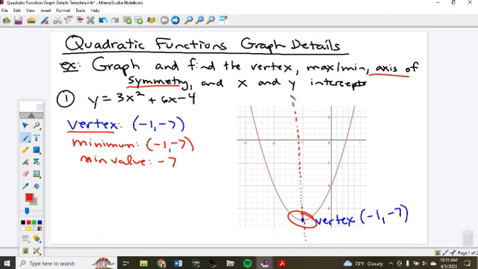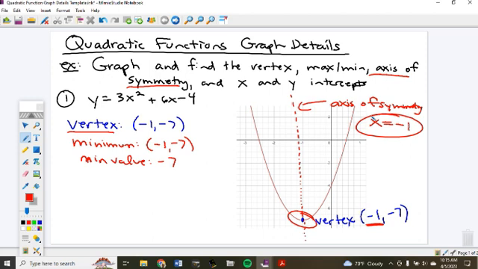So this axis of symmetry has an equation. Back when we did linear equations and vertical lines, we found out that a vertical line always has an x coordinate. So it's always x equals the x coordinate of the vertex. Whatever that x coordinate of the vertex is, that's the axis of symmetry. All right?